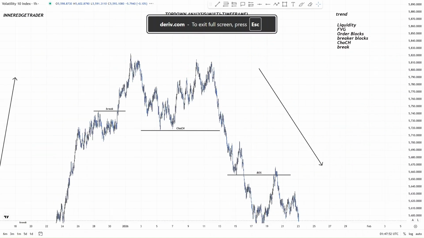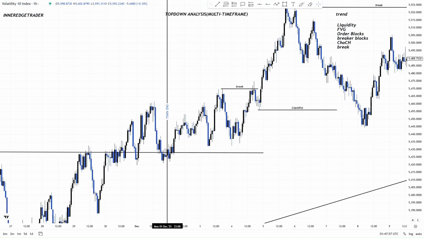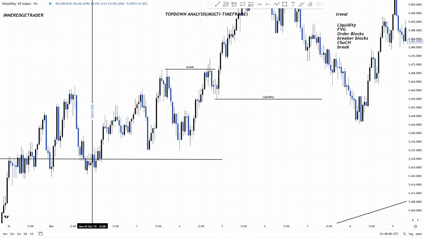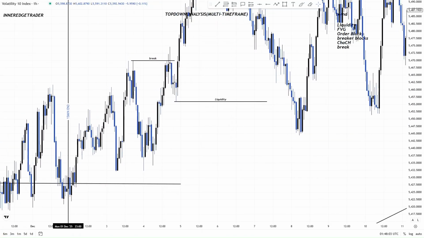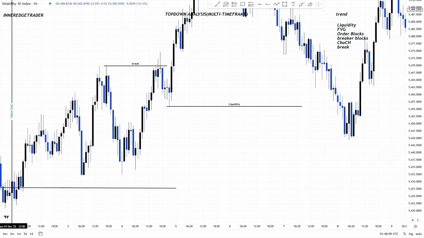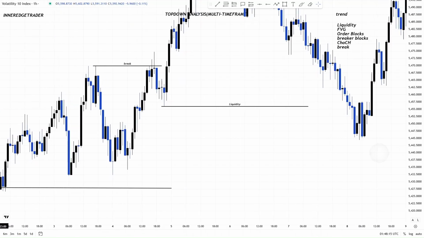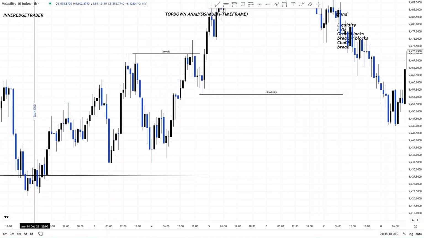This is on the 1 hour time frame now. We are moving to where we expect price to move from. So after our liquidity was taken, there is no other block after the liquidity. What we have right here is an internal market structure shift.